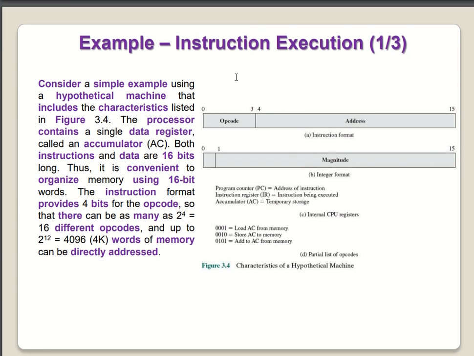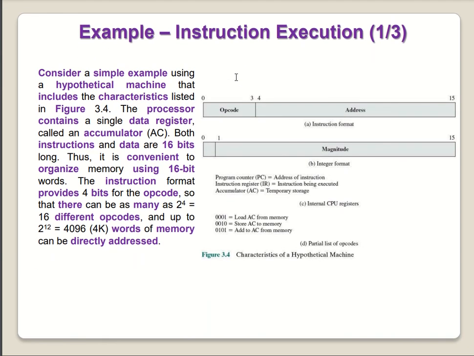Let's look at instruction execution using an instruction format, and we will see one simple example also. Let's assume this is the IAS instruction format. In the first diagram, it is given 0 to 15.